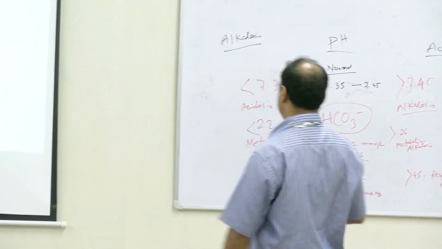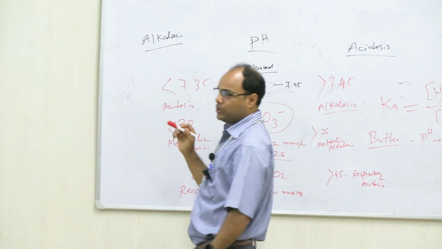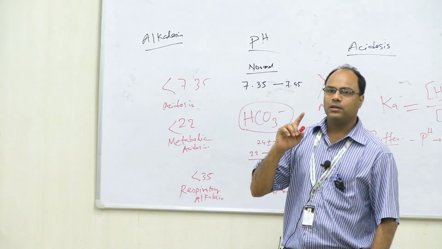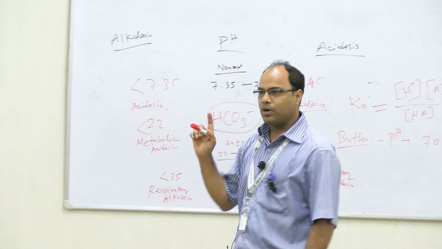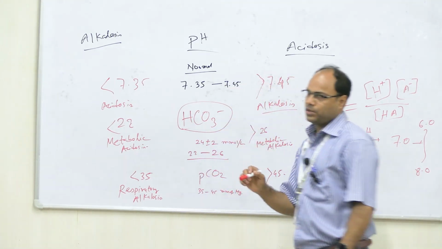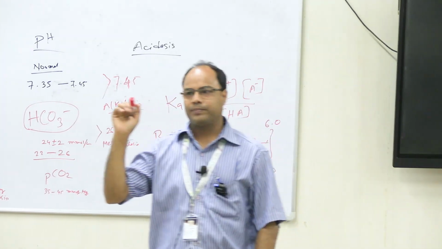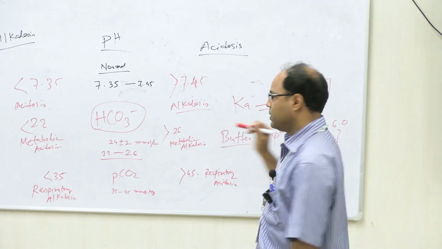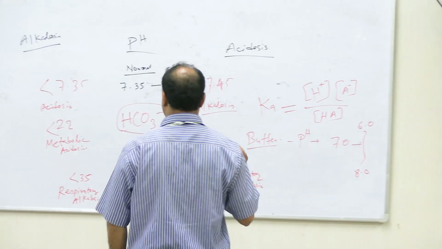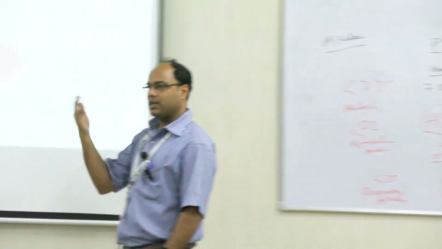Then you have to see the bicarbonate buffer. Say bicarbonate buffer is less than 22, that is called metabolic acidosis. Or when PCO2 is more than 45, that is called respiratory acidosis. You have to see which one corresponds with the pH. Okay. Next one, you have to see the PCO2 level and the compensation. By the way, I will discuss that in the next class.